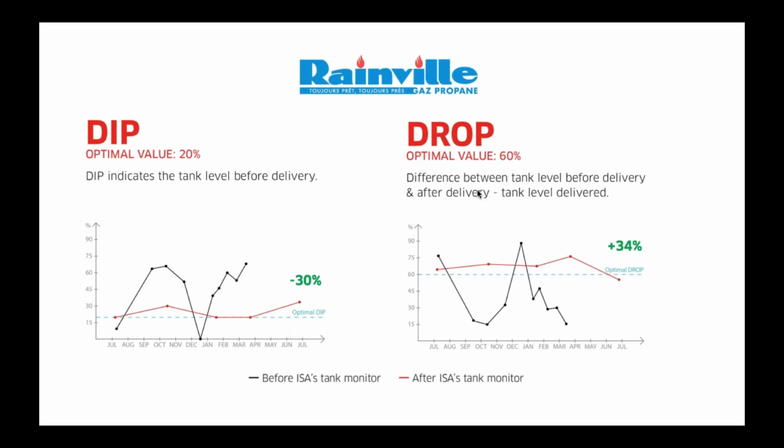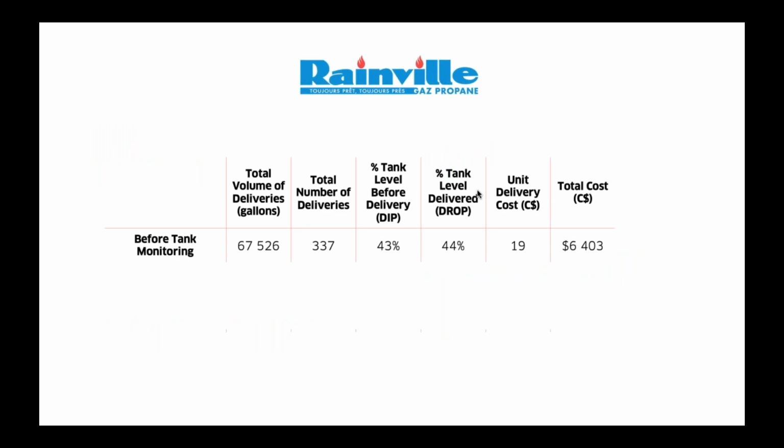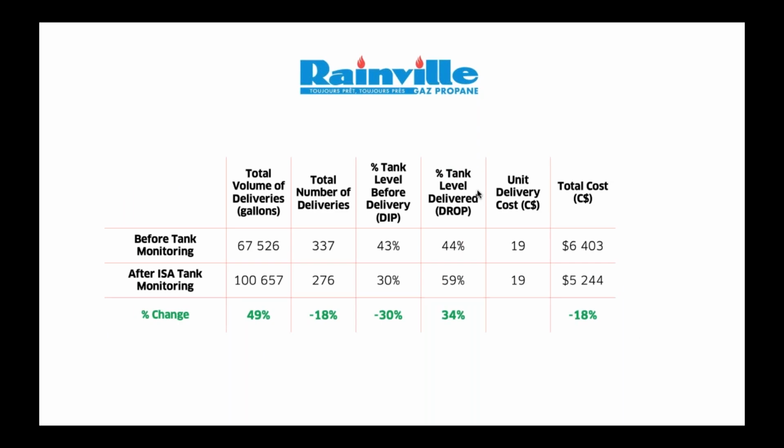So these are just examples of how the tank monitor could help an LPG customer to optimize their operations and logistics. And if you look into the numbers, through the duration of this proof of concept, the total amount delivered increased 49%, while the number of deliveries decreased 18%.